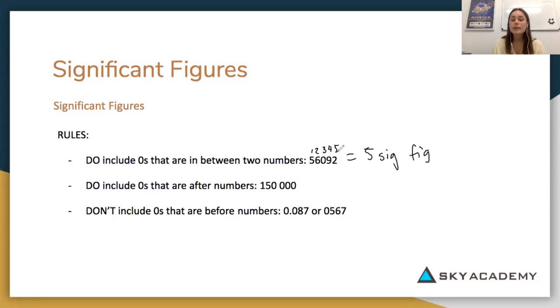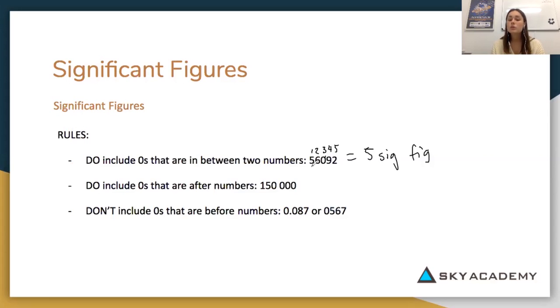Some people may say there are only 4 because they would not count 0 as a number. But if a 0 is in between two numbers, in this case 0 is in between 6 and 9, it is considered a significant figure. So we do have to count it.